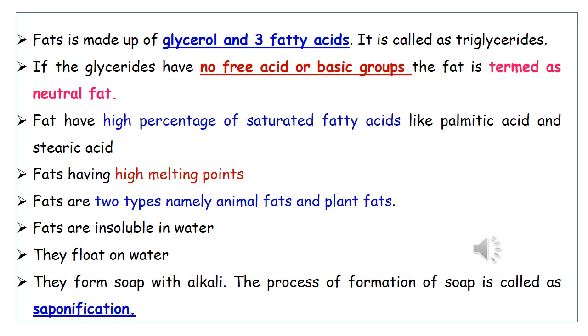The fats have high melting points. The fats are two types, namely animal fats and plant fats. The fats are insoluble in water. They float on water. They form soap with alkali. The process of formation of soap is called saponification.